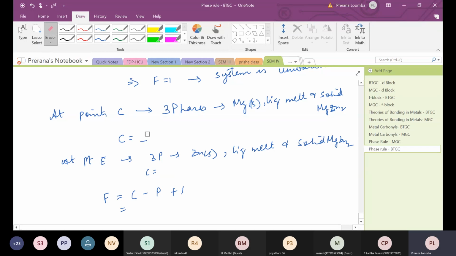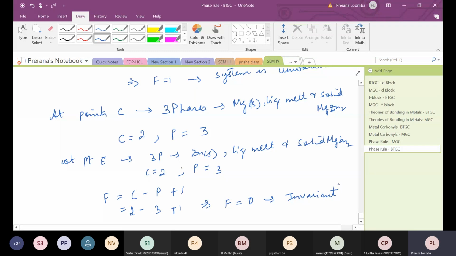Components will remain two only, magnesium and zinc. Phases are three. So two components, three phases. So F is equal to 0. So the system is invariant at the eutectic point.